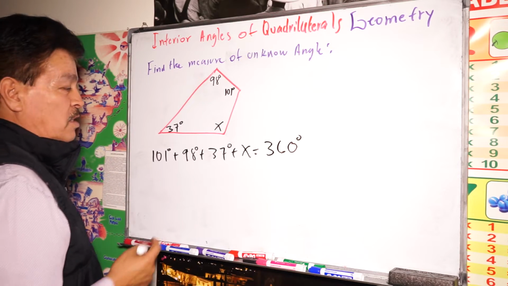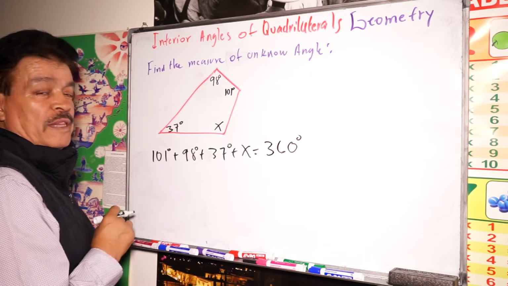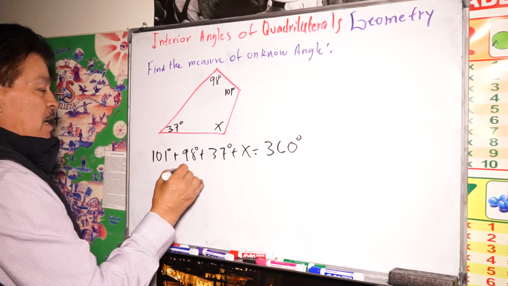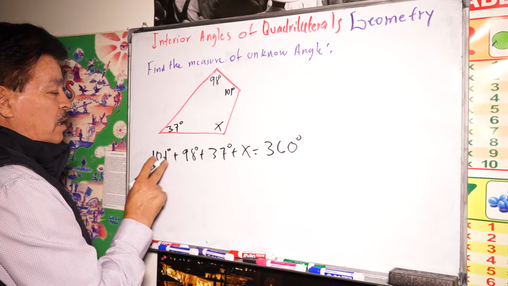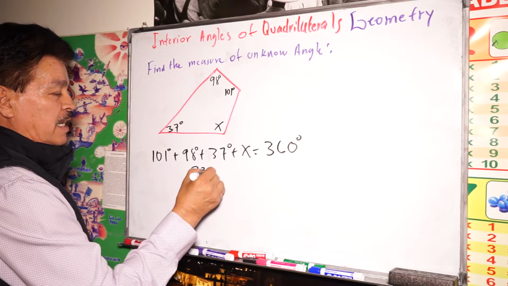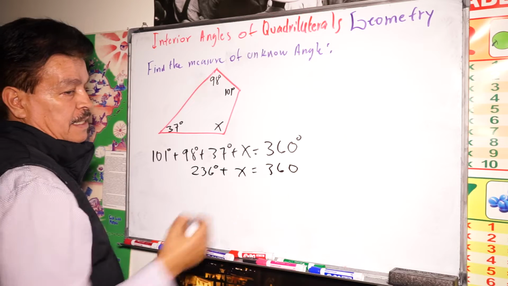Here you must group the like terms. 101 plus 98 plus 37 is going to be 236 degrees, plus x equals 360 degrees.